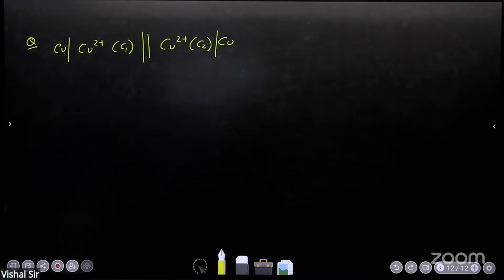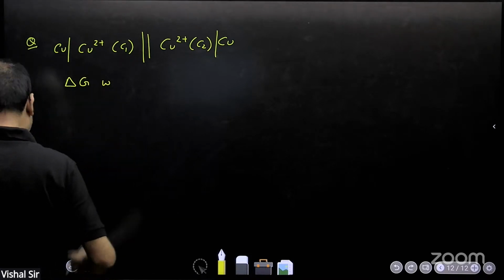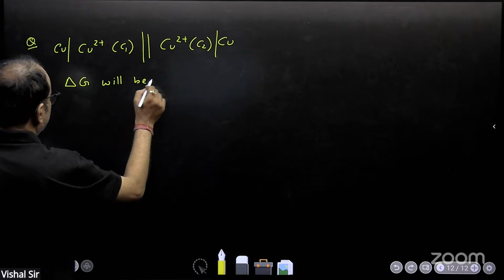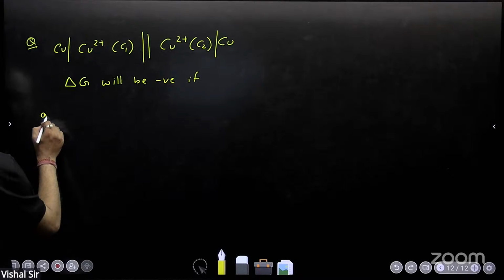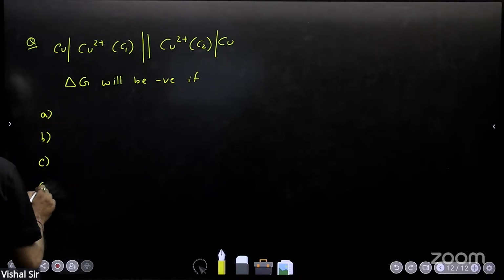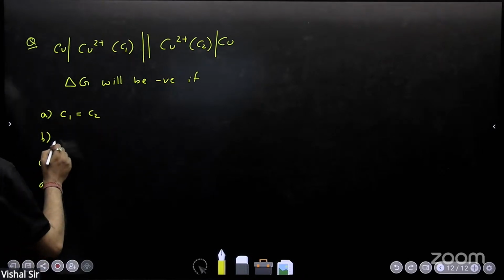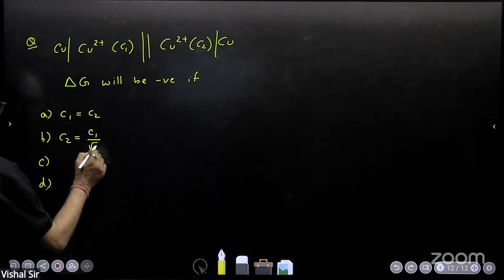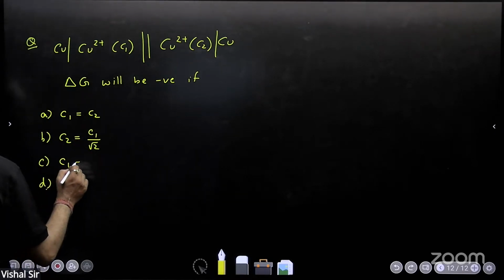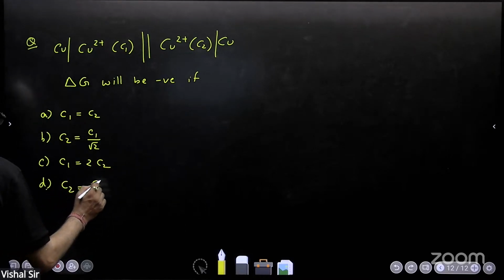This cell was given and it was asked that delta G of this will be negative if, and the options given to us were C1 equal to C2, C2 equal to C1 by root 2, C1 equal to 2C2, and C2 equal to root 2 C1.